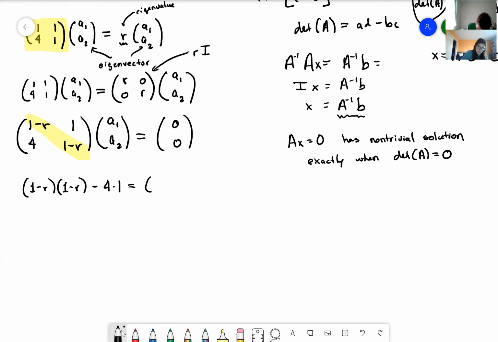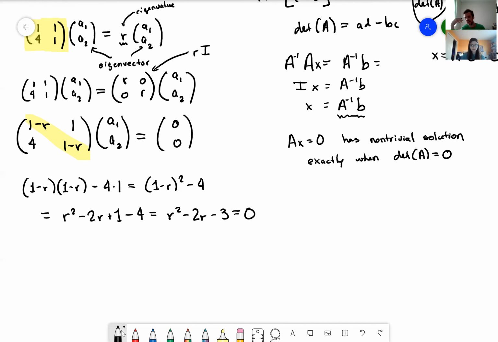In other words, (1 minus r) squared minus 4, or r squared minus 2r plus 1 minus 4, which is r squared minus 2r minus 3. Assuming I haven't made any mistakes in my arithmetic. I don't think I have. And we want this thing equal to 0.